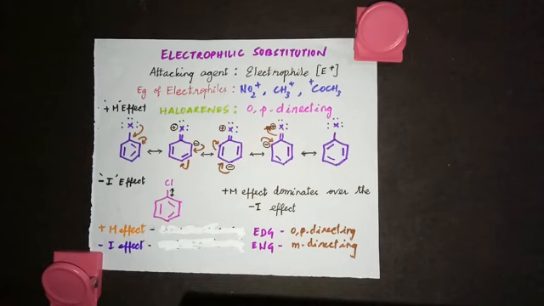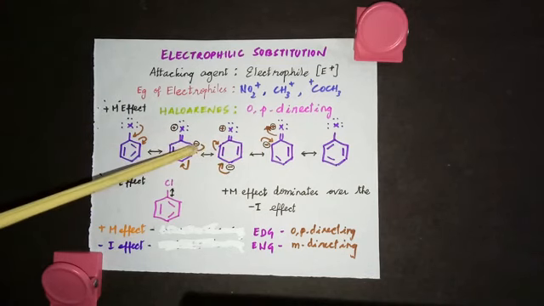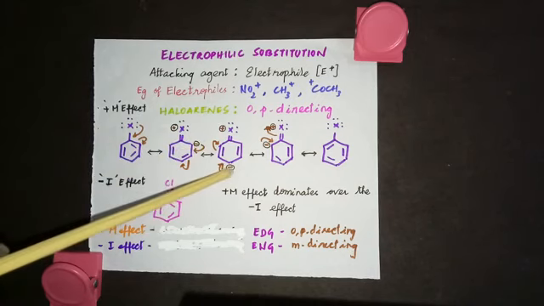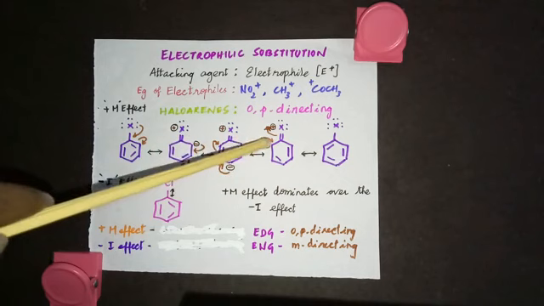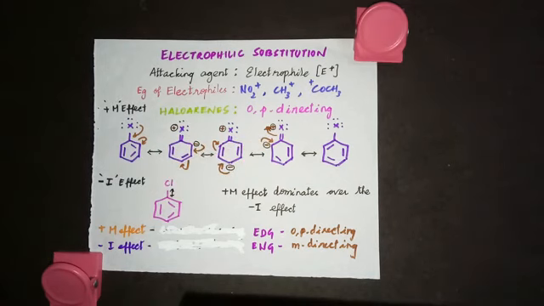Now when you look at these structures, just note down where are the negative charges. So the negative charge is here. What position is this? Ortho position. So in ortho position there is a negative charge, and again here in para position there is a negative charge, and again this is ortho. Again in ortho position there is a negative charge. So what is the attacking agent here? Electrophile.